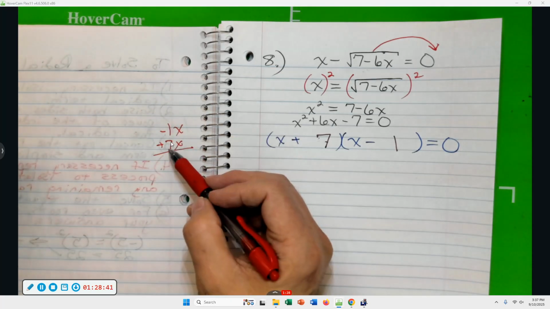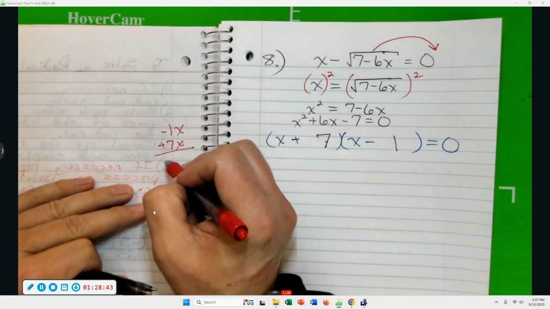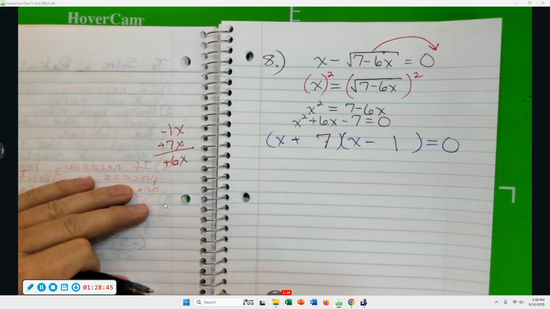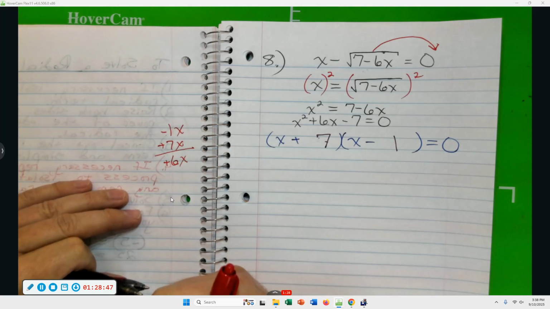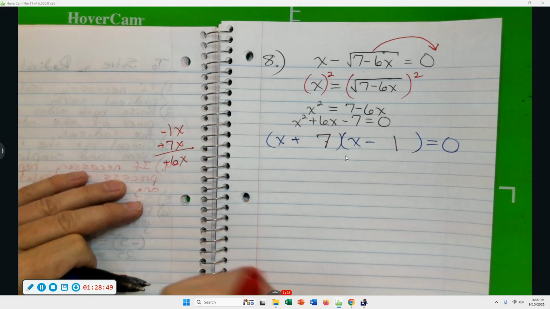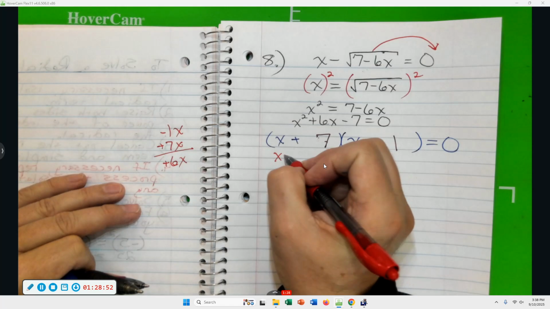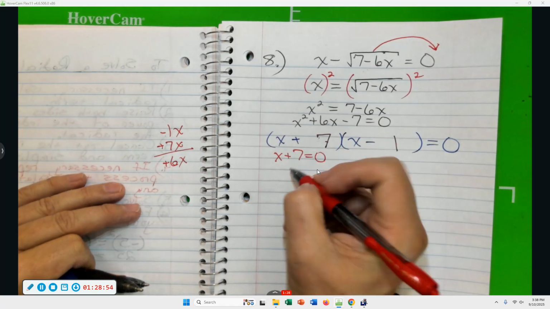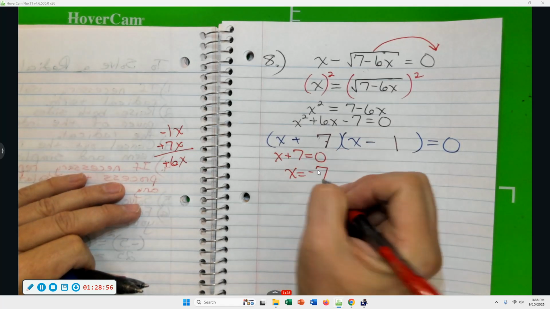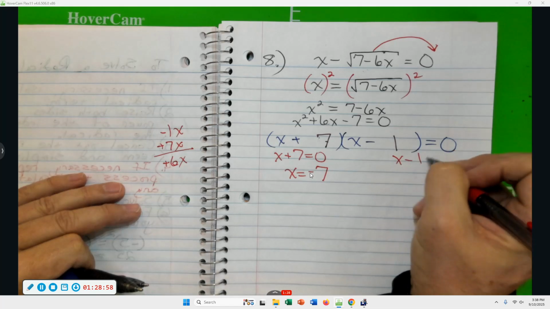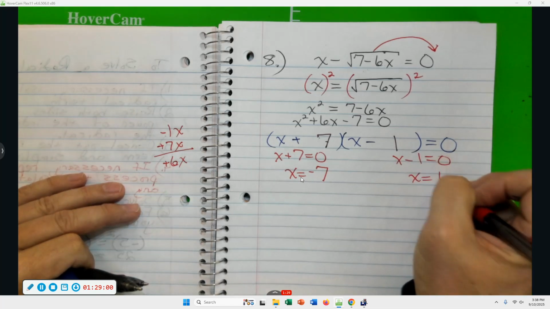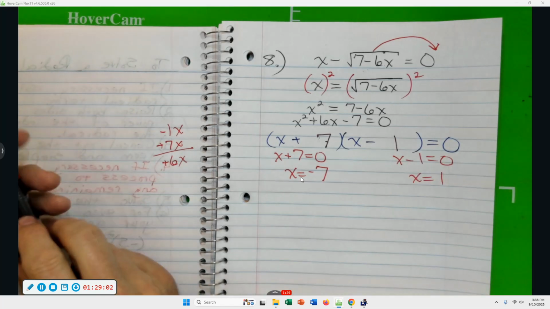Negative 1 plus 7 gives me a positive 6x. Is that what we needed? Yes. Set each factor equal to 0 to give us x equals negative 7, or x equals positive 1.